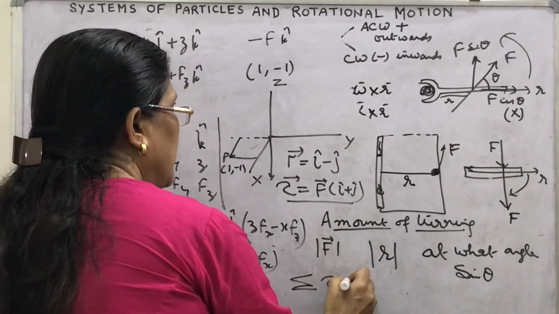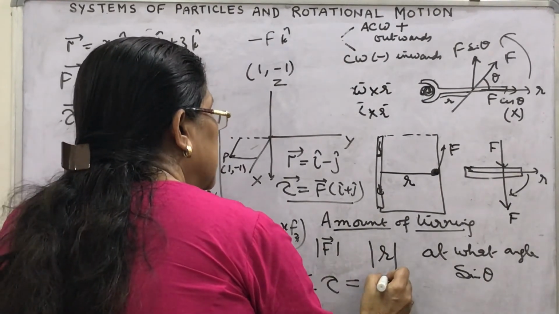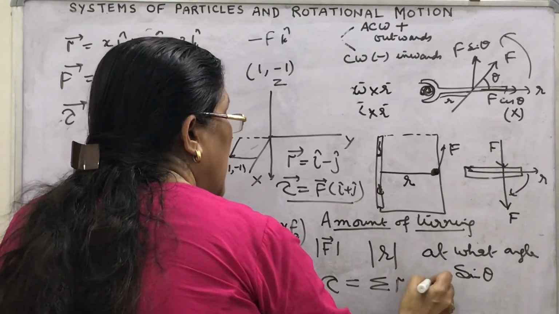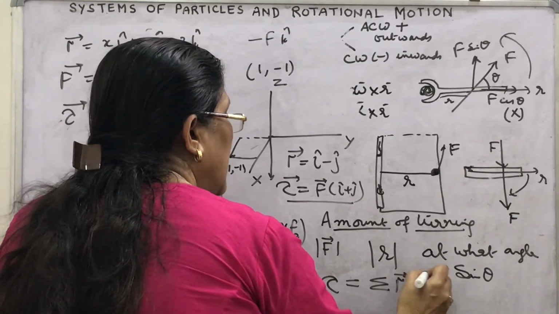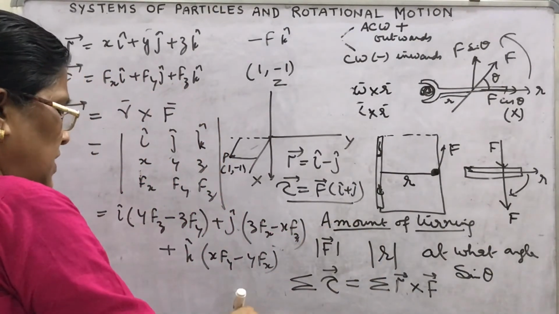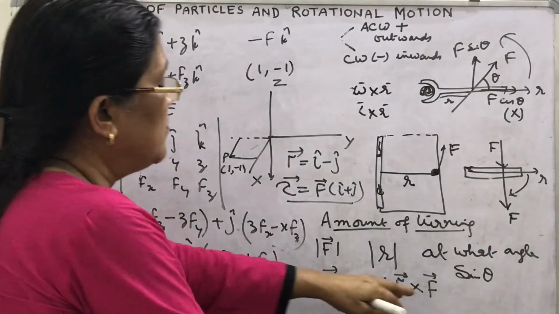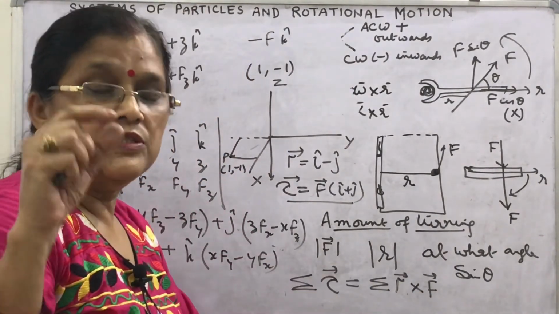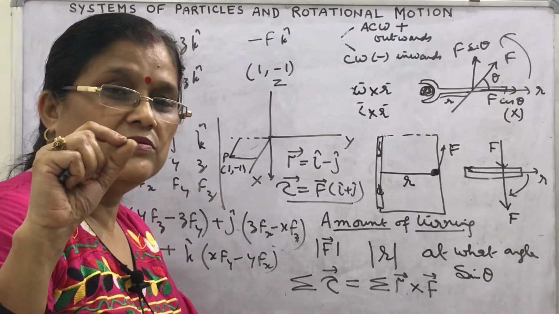This torque will be equal to sigma R cross F. So this is how the torque is calculated for the system of particles.